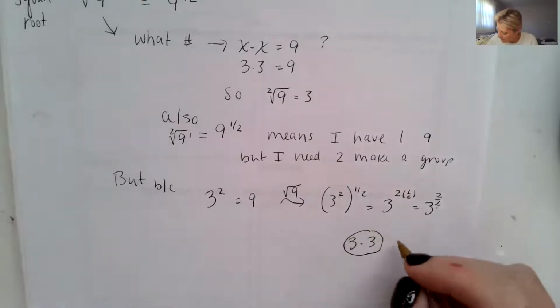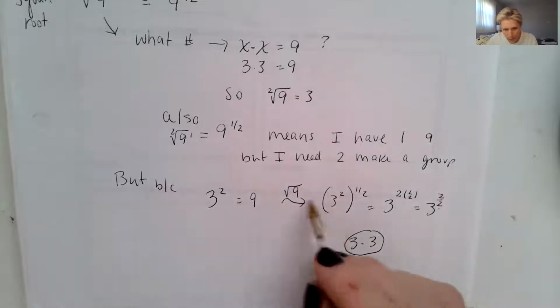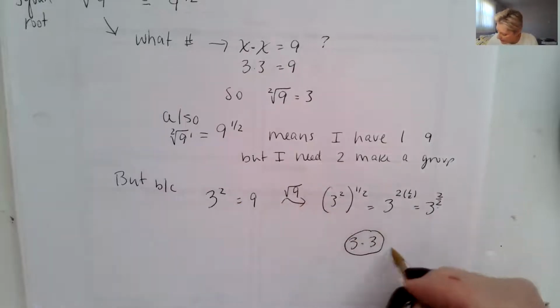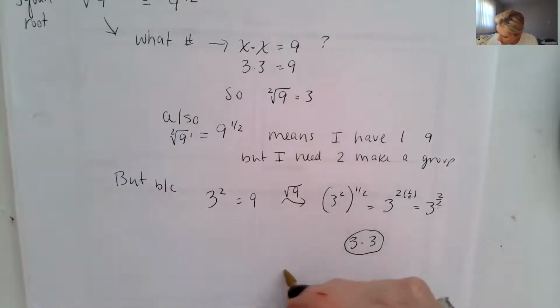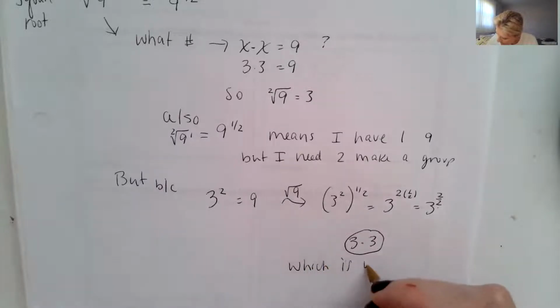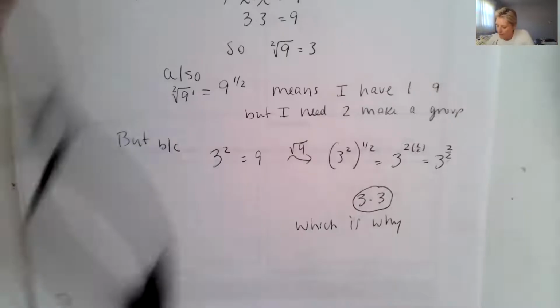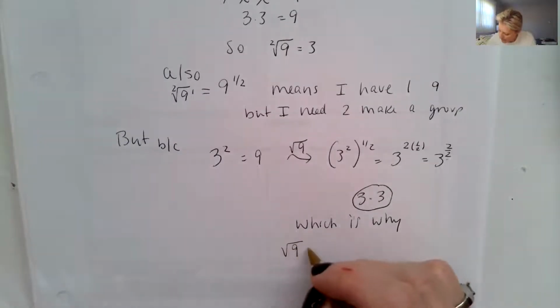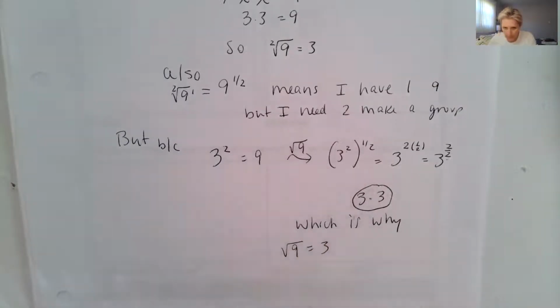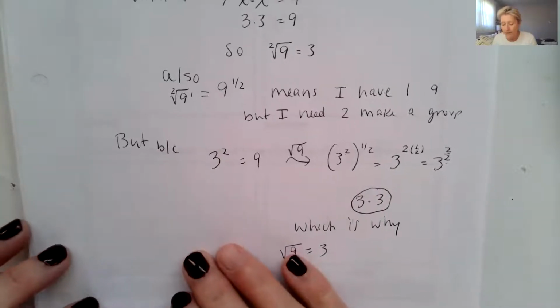So I have 1 group of 3's, which is why the square root of 9 equals 3. Okay, so that's a square root.